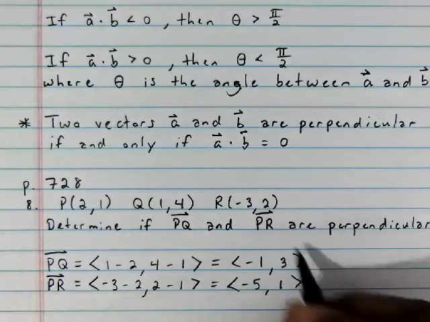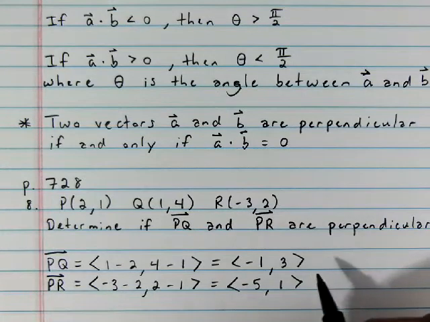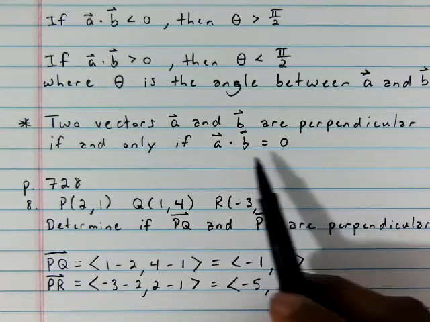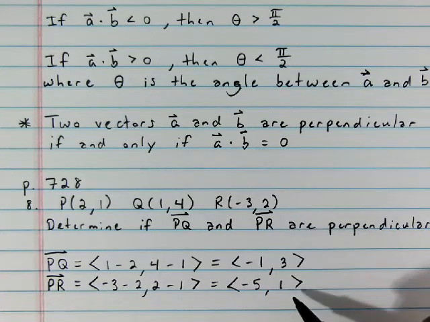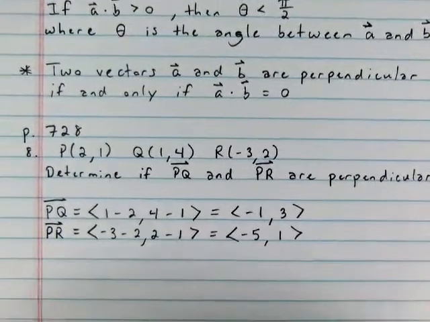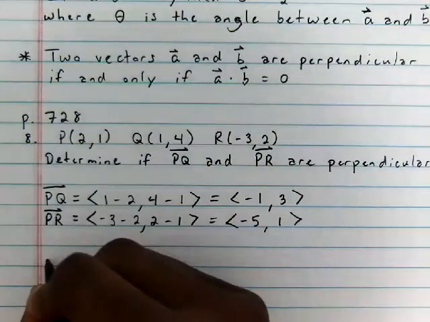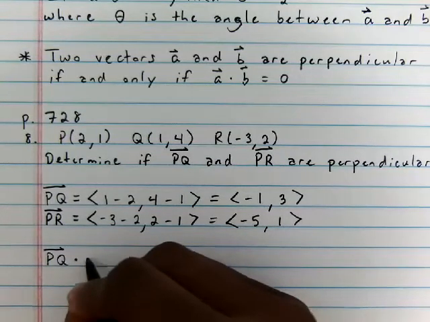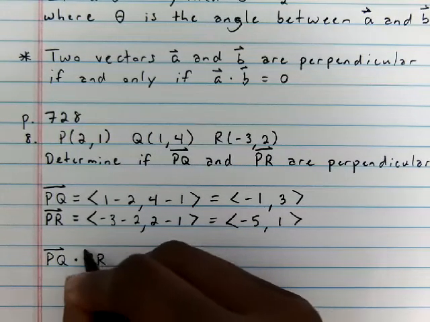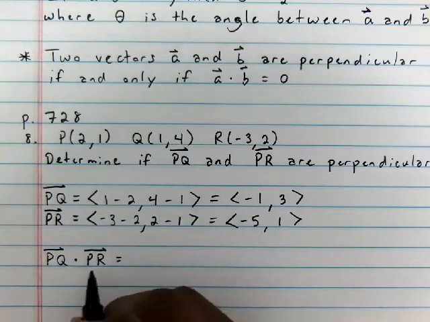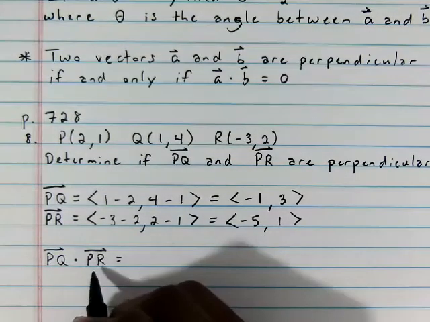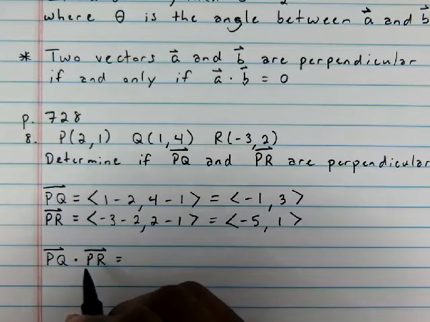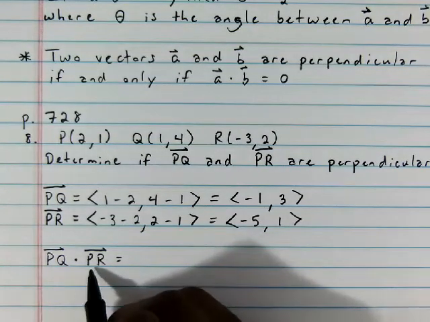So now we have our 2 vectors, and the 2 vectors are perpendicular if and only if their dot product is 0. So we take the dot product of these 2 vectors and see if we get 0 to determine whether they're perpendicular or not. PQ dot PR, and the order in which you take the dot product does not matter. Now that's not the case with a lot of things, but here the order doesn't matter.